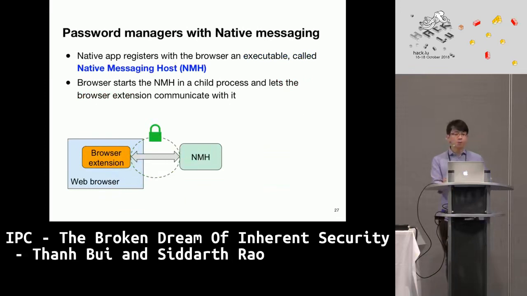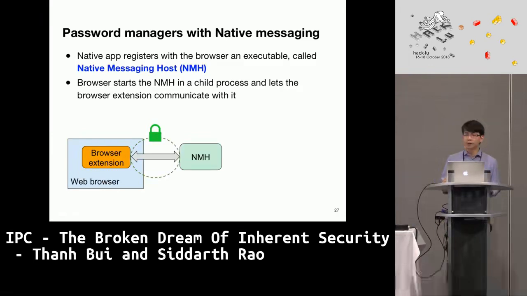So we have seen two password managers that use a network socket as the IPC channel. Many other password managers use native messaging instead. This is a standard browser built-in method that's designed to provide a more secure alternative to network sockets for communicating between the browser extension and native code. So how does native messaging work with a password manager?